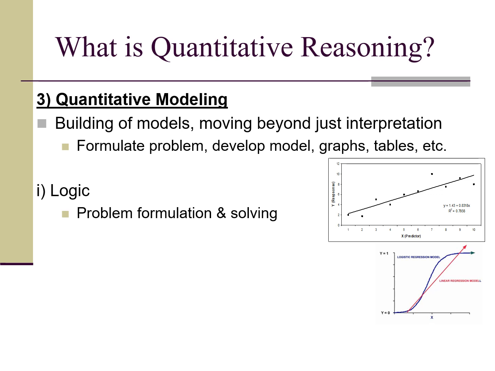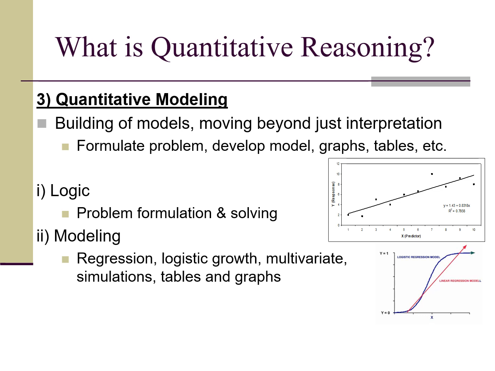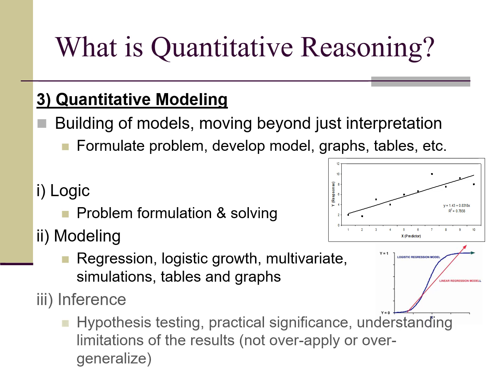Again, problem formulation and solving for models, and then regression models, so logistic growth models, multivariate models. Those would all be statistical modeling approaches, and then system simulation, which we'll get into as we go through the course. And then inference, hypothesis testing, looking at practical significance, and understanding the limitations of your results.